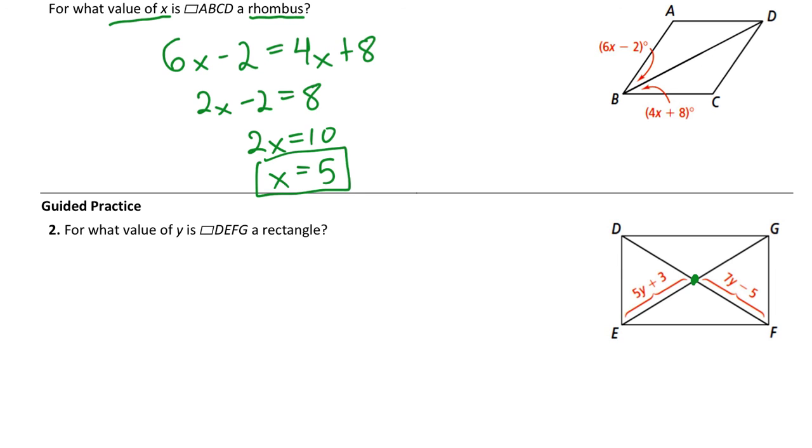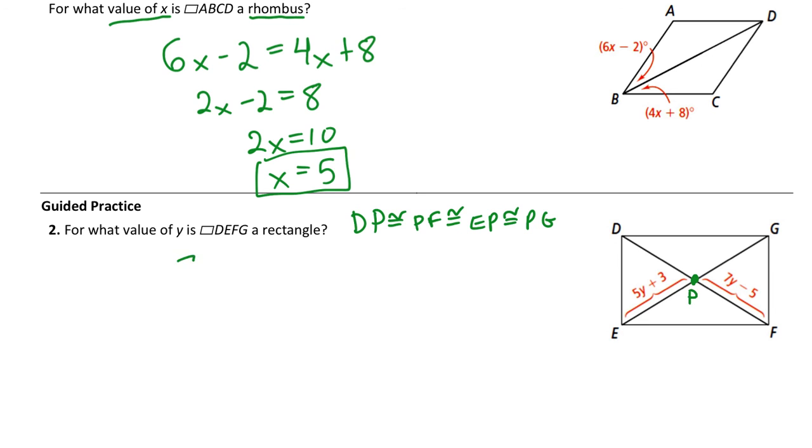So in this rectangle, let's make this point P. DP is congruent to PF because diagonals bisect each other, but they're also congruent to EP and PG. So each part of those diagonals is congruent because the diagonals bisect each other and the diagonals are congruent.